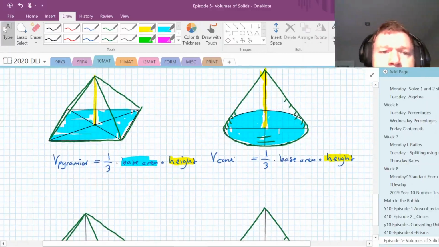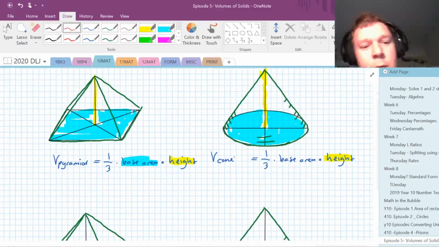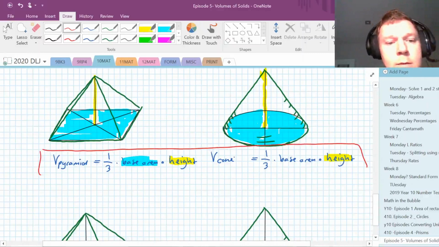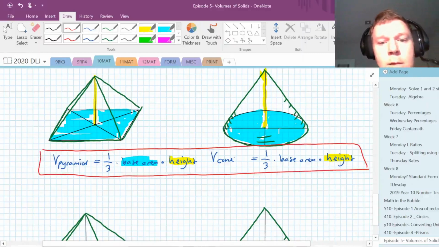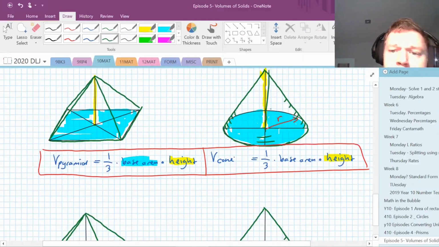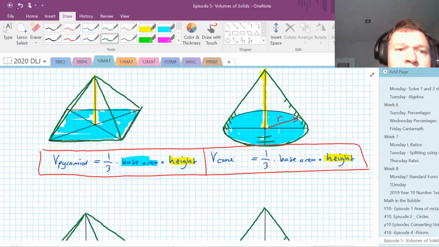But with a cone, you are usually given the radius and the height.